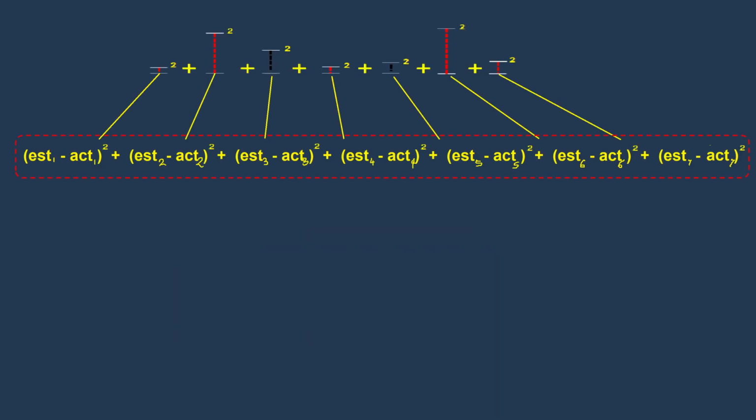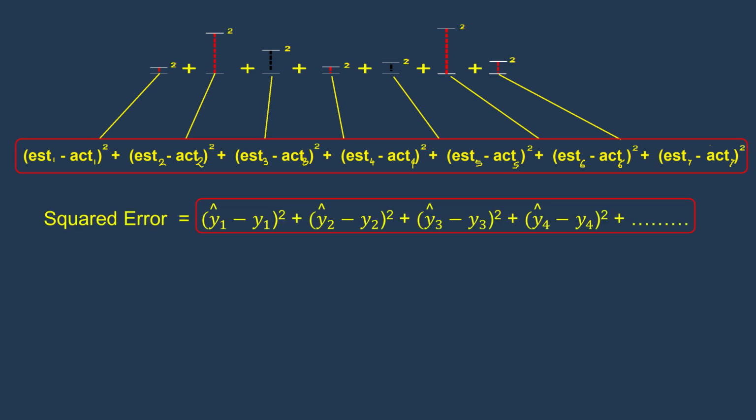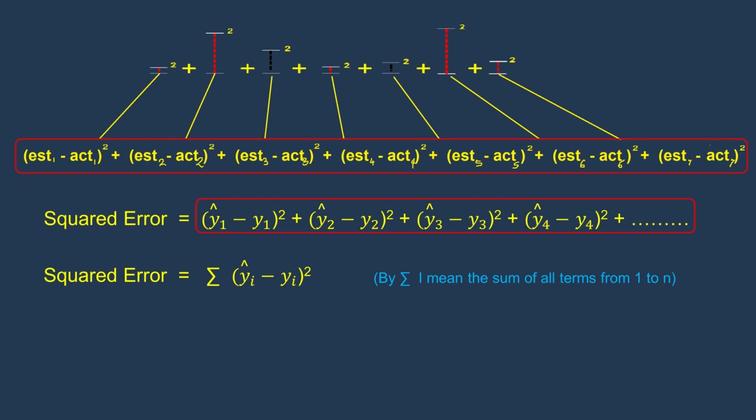So now I want the sum of squares of differences between these estimated salaries at some point of experience and actual salary at that point of experience to be minimum. So my squared error can be given as summation of estimated salary at i minus actual salary at i whole squared.